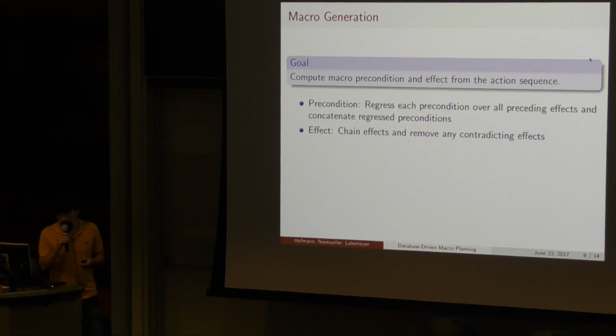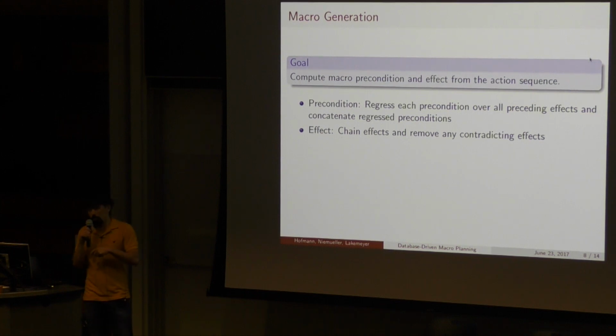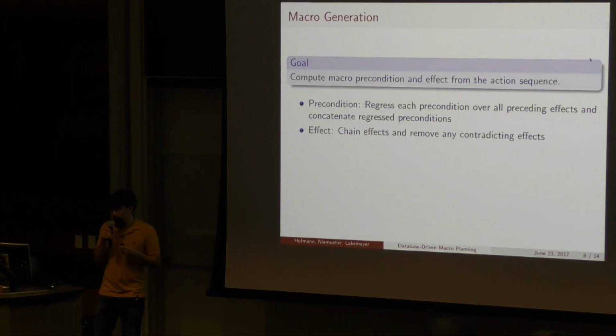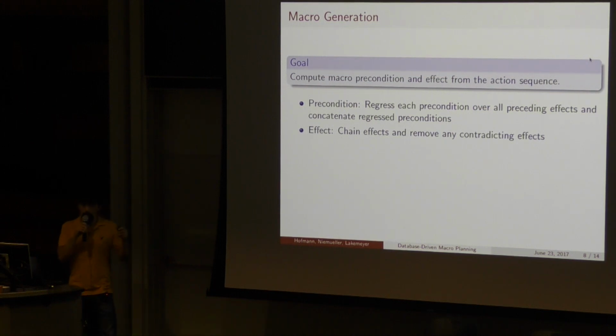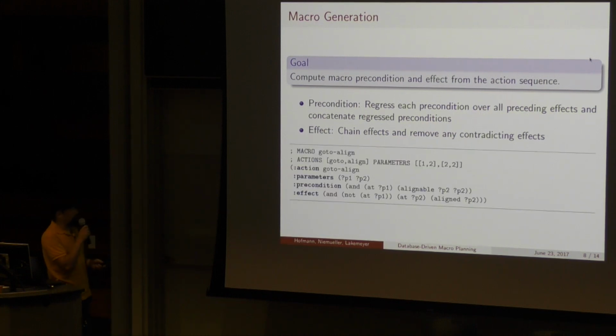And in order to do that, for the precondition we use regression, and we do this by regressing each precondition over all preceding effects, and at the end we get one precondition, and for the effect we chain effects starting from the last action going to the first action, and remove any conflicting effects. And instead of going into detail here, I just want to show you one example.